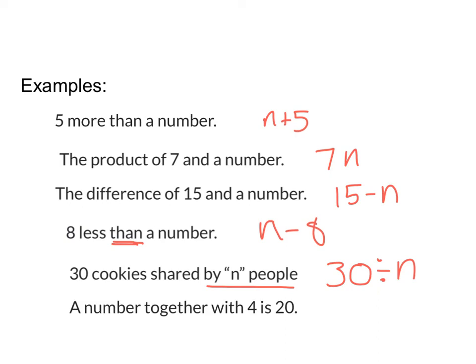And finally, a number together with 4 is 20. Here you've got that tricky is showing you an equal sign. So you should have written n plus 4 equals 20.